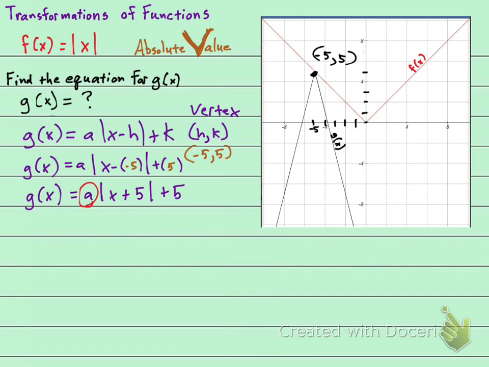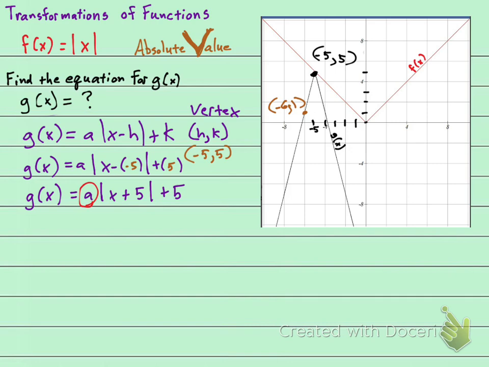Now, we can solve for a if we find another point on this black graph, and we're going to plug it in for x and y. So you can find any point that looks good to you. I think this looks like a pretty good point right there. That to me looks like it is -6 in the x direction and 1 in the y direction.